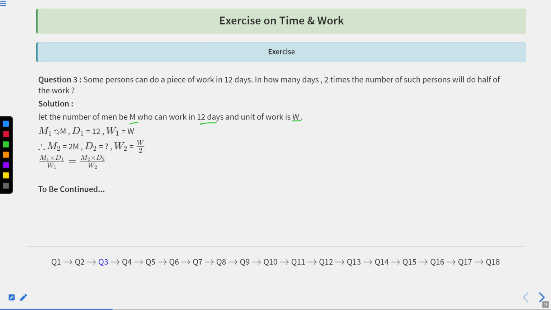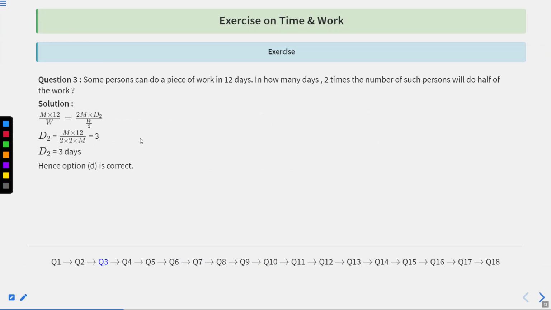Using the formula m1 d1 upon w1 equal to m2 d2 upon w2, we have m1 equal to m, d1 equal to 12 and w1 equal to w. m2 will be twice of m because it says so in the question. D2 is unknown and W2 is half of the work, that is W by 2.